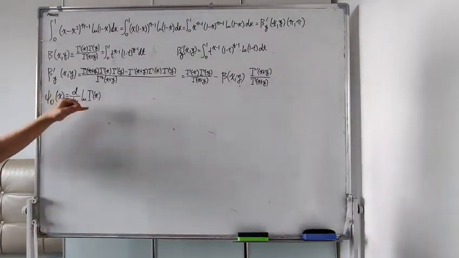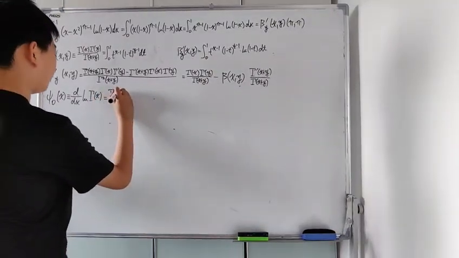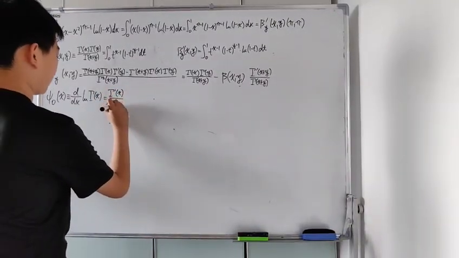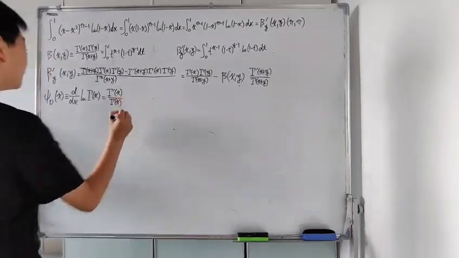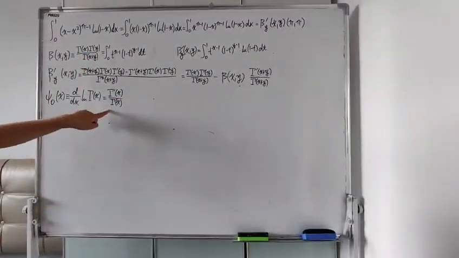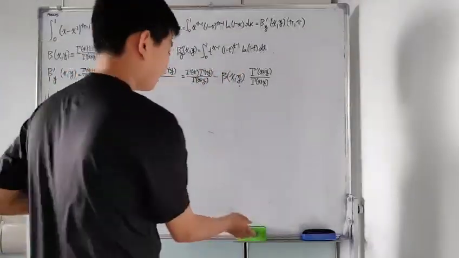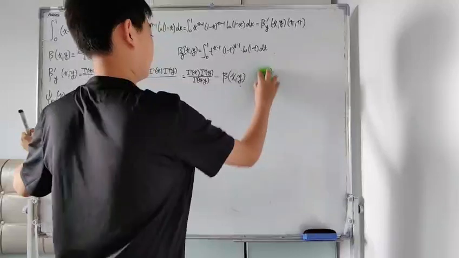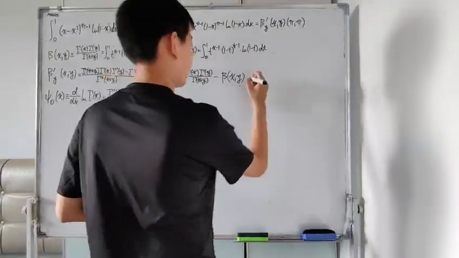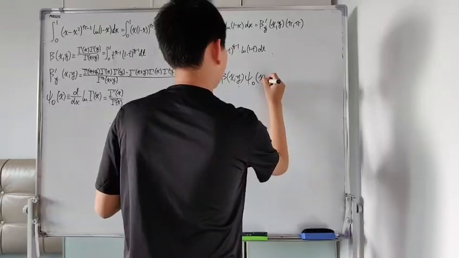Now, if you were to solve this derivative, it would look like gamma prime x over gamma x. And so that's what it is. And so now, if we look at this part over here, that's just this, but you plug in x plus y. So we can now do that. Digamma 0, x plus y.